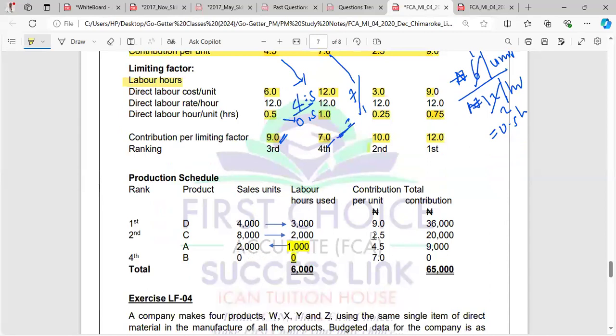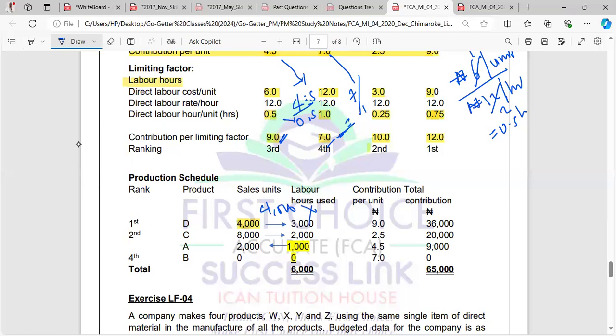So what happened here? If you are to produce D first, you need to satisfy all of these markets. We have 4,000 units. How many hours is he going to use? So all we did here is 4,000 units.